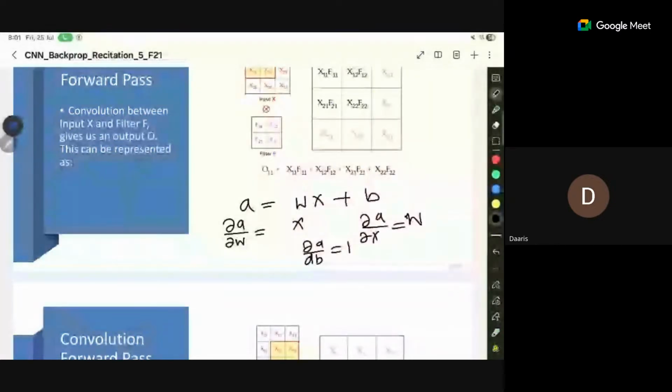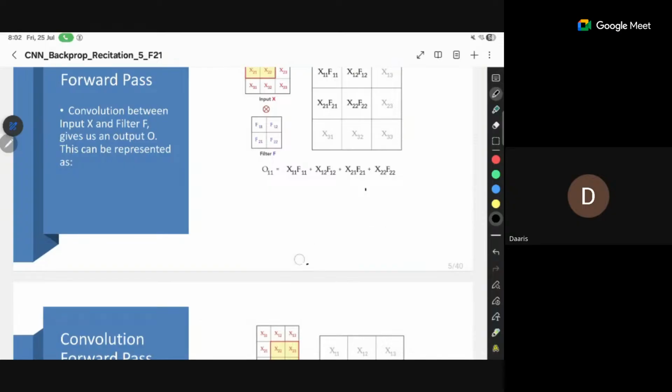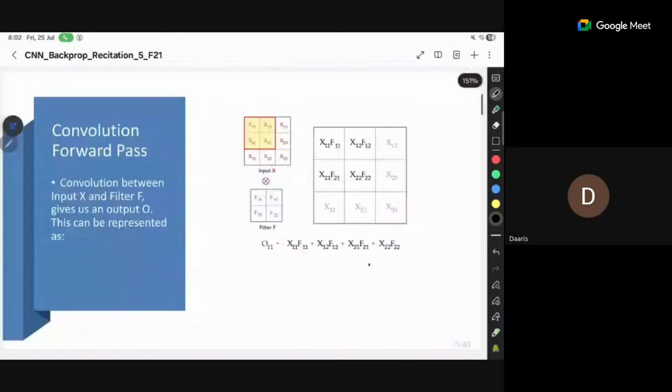So if something has contributed in the forward pass, then only that can contribute in the backward pass. Otherwise, not possible.